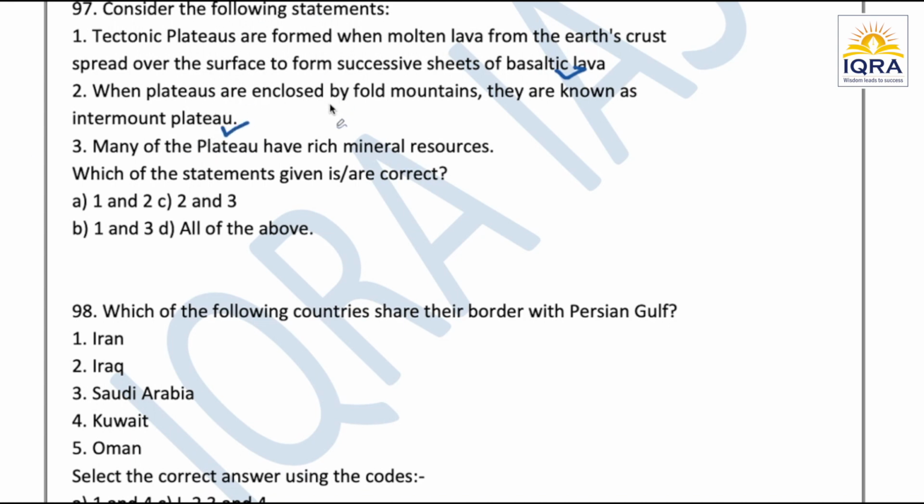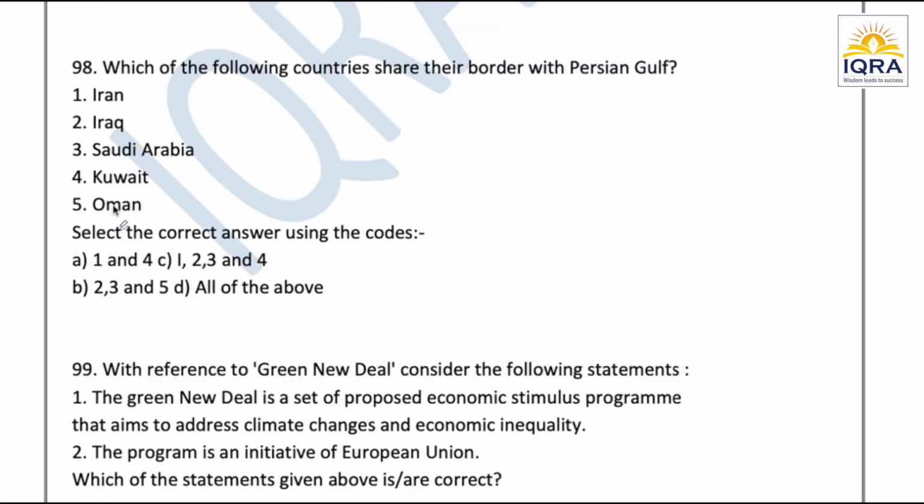See, the word intermountain only means between the mountains, right? And the plateau of Tibet is a fine example of this because it is surrounded by the Himalayas, Karakoram, etc., right? Statement 3 says that many of the plateaus have rich mineral resources. Of course, this is very correct. So option D becomes the correct answer for question number 97, that all the statements are correct.